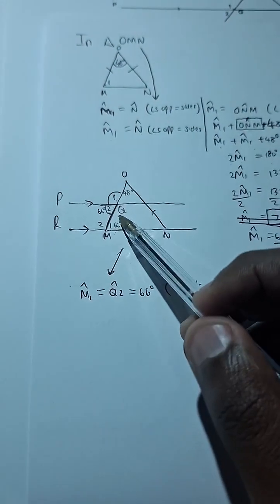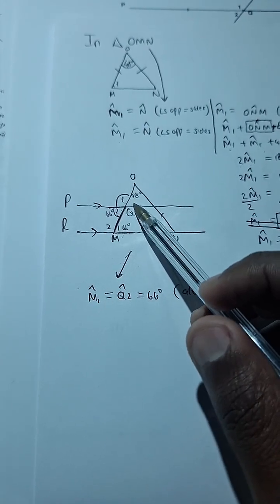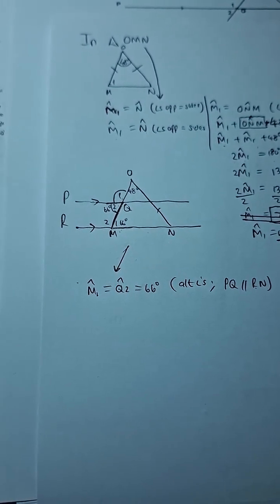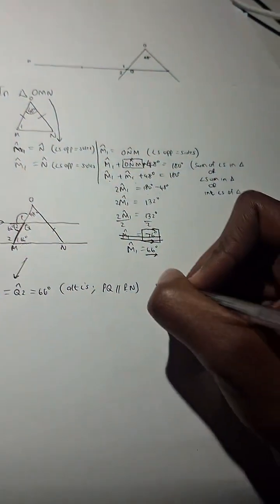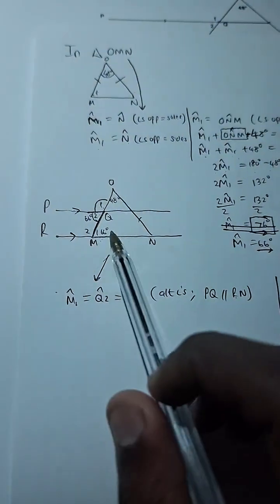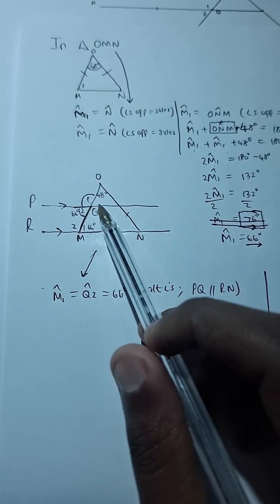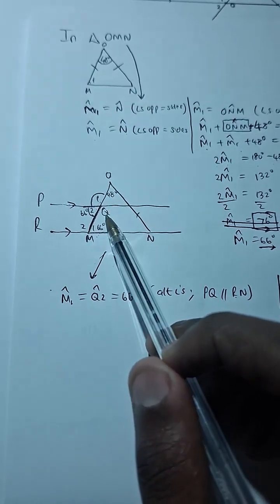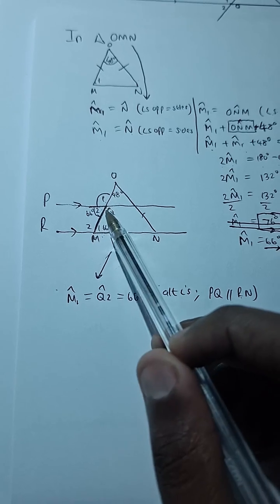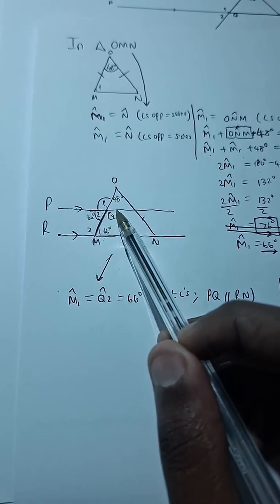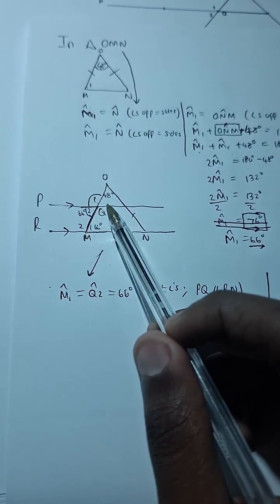Someone who's looking at this might say, that's what I see. Someone else who's different can use another way and say, no, I see co-interior angles. M1 and this angle here are co-interior angles.